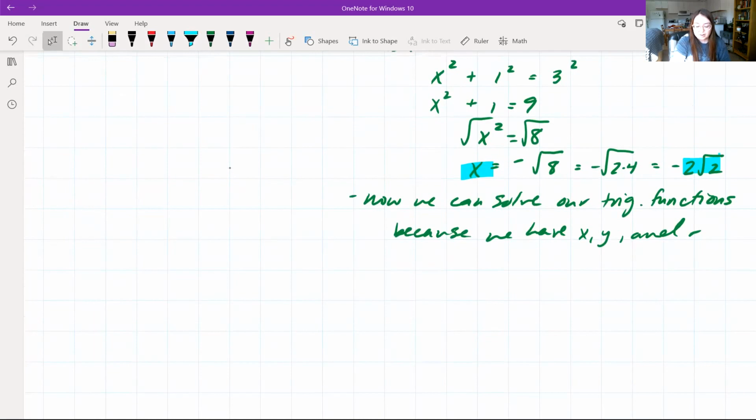So we have x, y, and r. We already know that sine of theta is 1/3, but remember sine of theta was y over r.